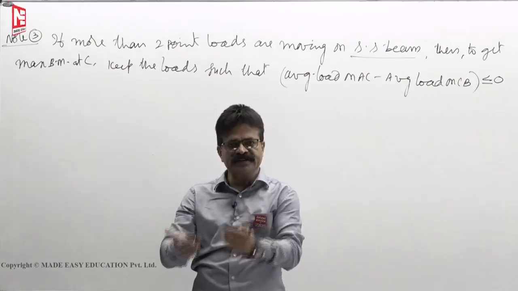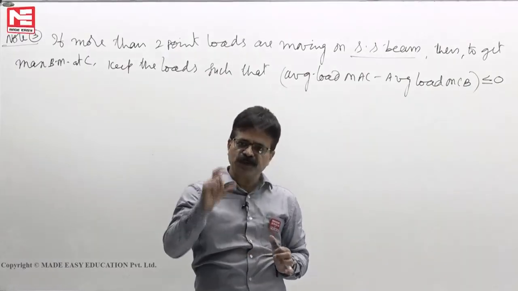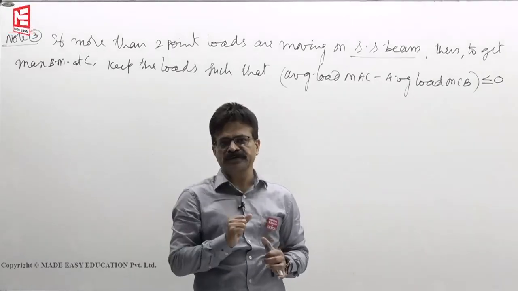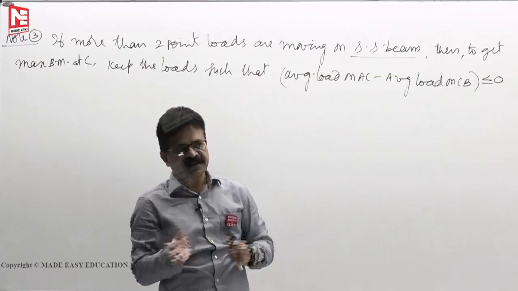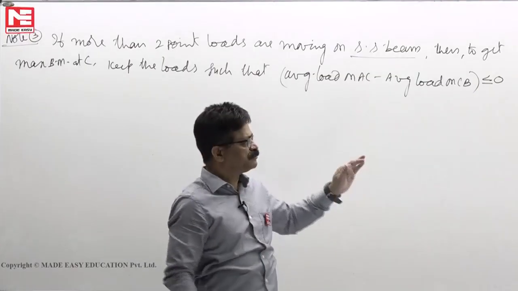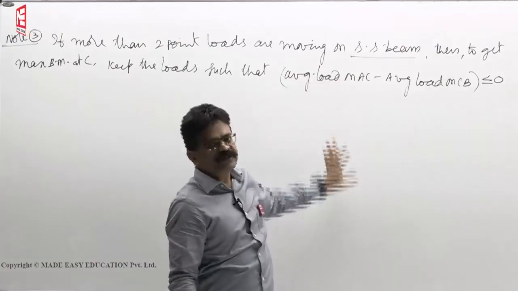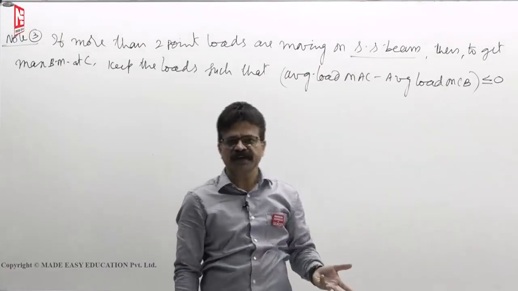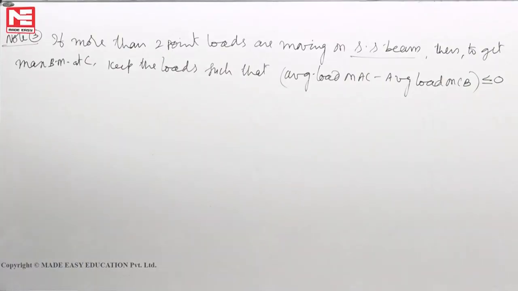One more load crosses, then less than symbol will come. Then you will get equal maximum bending moments under two loads, wherever equal sign happens or less than happens. Two examples we will see. Instead of talking, whatever we talk looks vague. When you solve the problem, you will understand what I wanted to tell you. Let us see the questions.